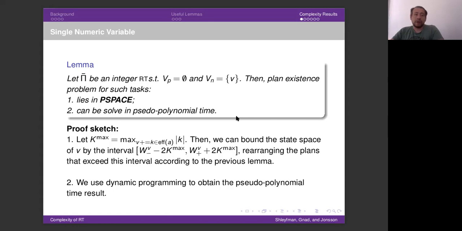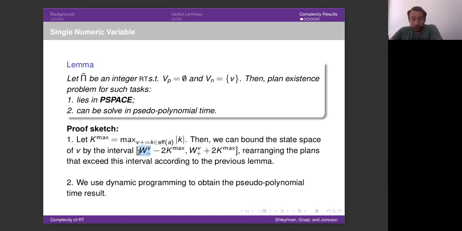If not, let's move to the plan that exceeds the bounds, goes somewhere towards minus infinity, doesn't reach minus infinity, and goes back. We take the bound of the variable.